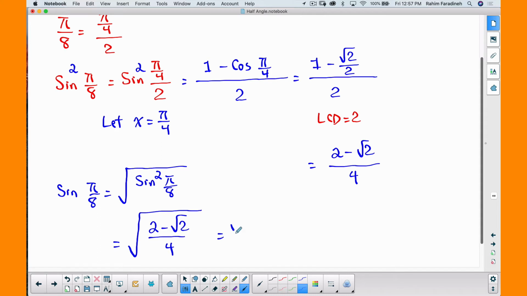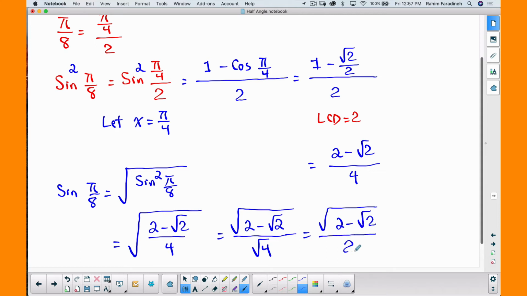And this becomes the square root of 2 minus radical 2 divided by radical 4. And this will be the square root of 2 minus radical 2 divided by 2.